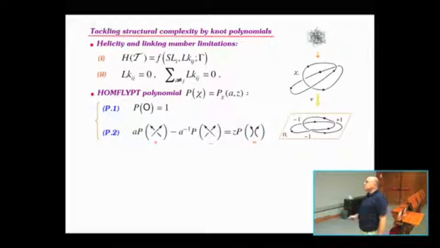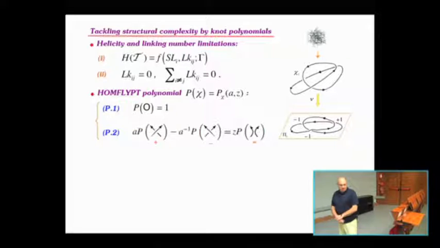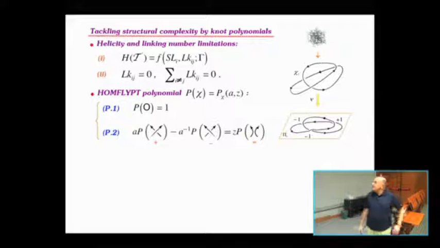The polynomial is constructed by using these skein relations recursively, and now, in front of experts, I'll dare to give you a crash course, half a slide, on how to compute this polynomial and how to interpret this important relation.